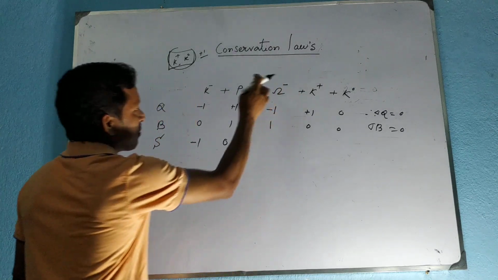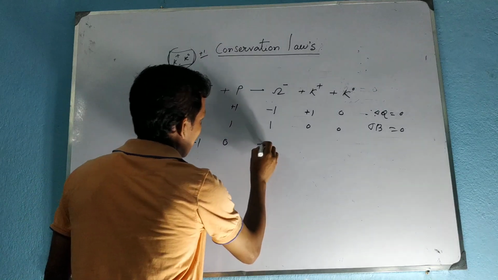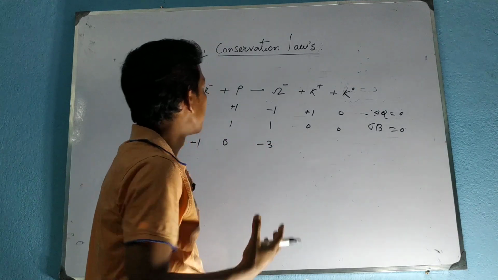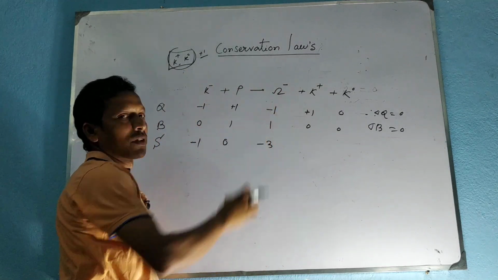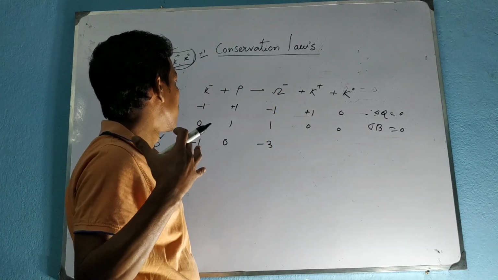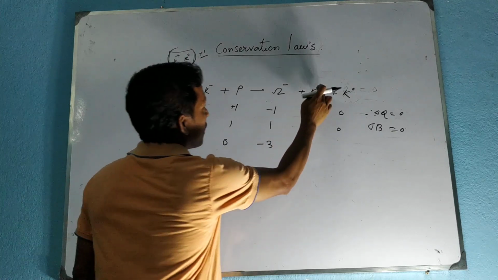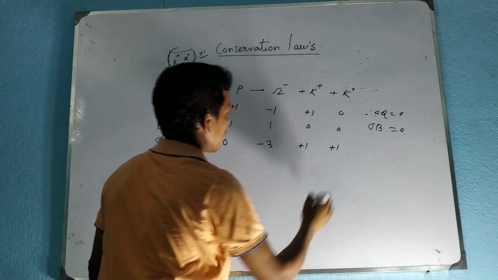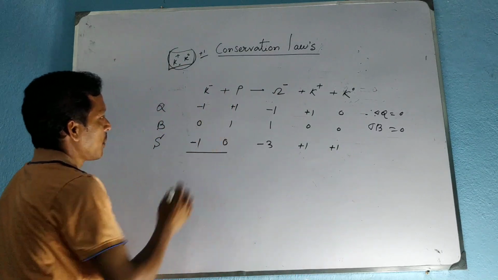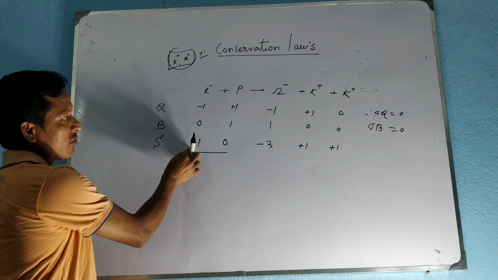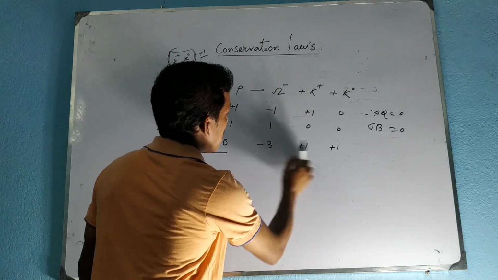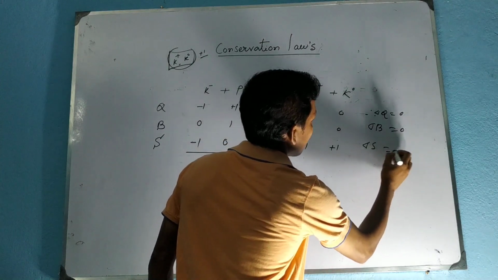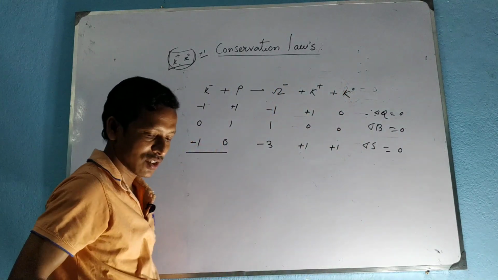The strangeness quantum number of omega minus is minus 3, and we already calculated this value in the previous lecture. K plus has plus 1 and K0 has plus 1. So before interaction the strangeness quantum number is minus 1, and after the reaction it is also minus 1. So delta S is equal to 0. That means the reaction is an allowed reaction.